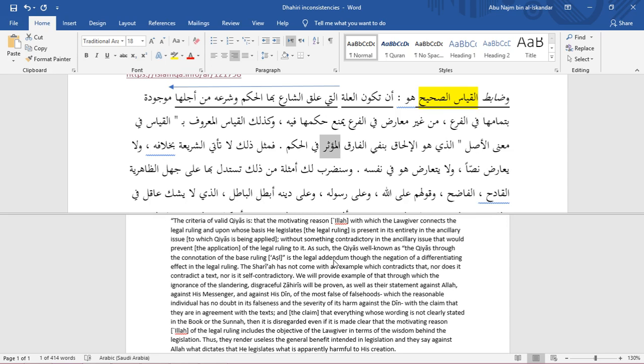When that legal ruling is applied to the secondary issue, there's allowed to be ilhaq, there's allowed to be connection, addendum, adding. Not adding to it, but connecting that secondary issue. There's connecting that same legal ruling to this second issue because there's that connection due to the absence of being able to differentiate between those two issues. Okay?